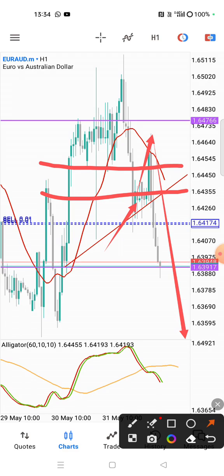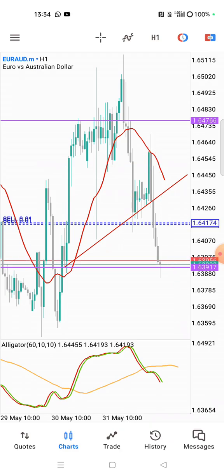You can use the easy way, like what I'm showing you now, or you use the troublesome method, which will make you less worried. For me, I will use the troublesome method because it makes me less worried, and I don't have to look at my phone all the time.